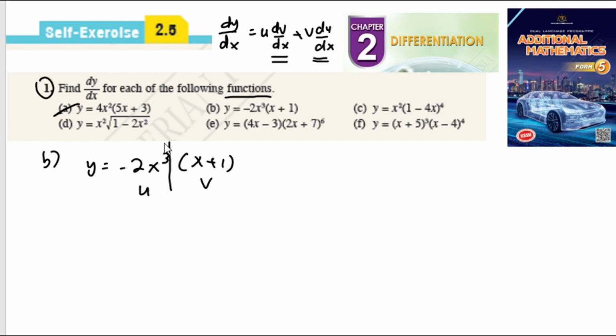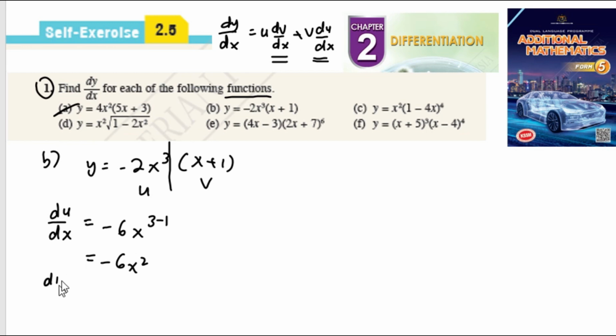So u we multiply with the differentiation of the back, plus the back multiplied with the differentiation of the front. So du over dx: when you differentiate this, power 3 times negative 2, you get negative 6, and then the power is minus 1, 3 minus 1, so you get negative 6x squared.